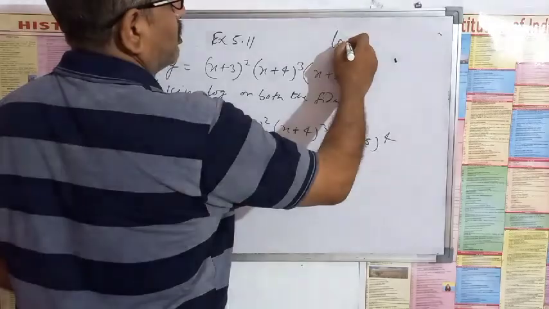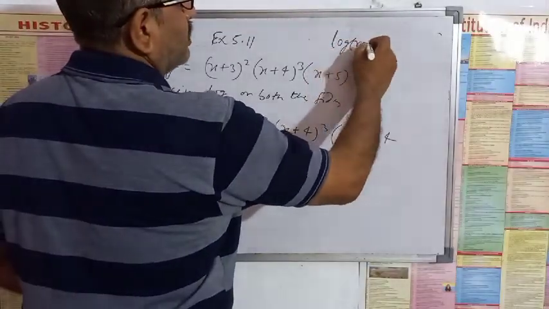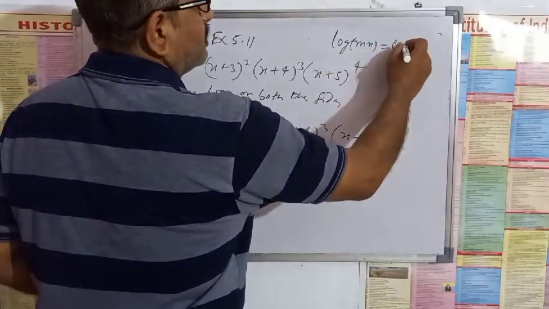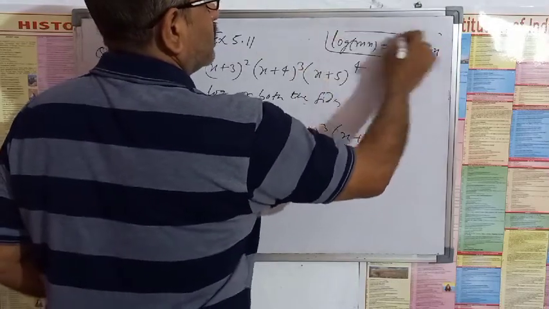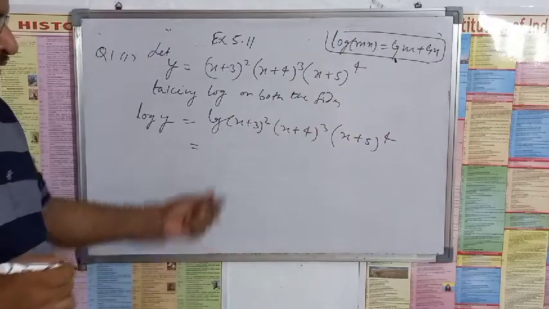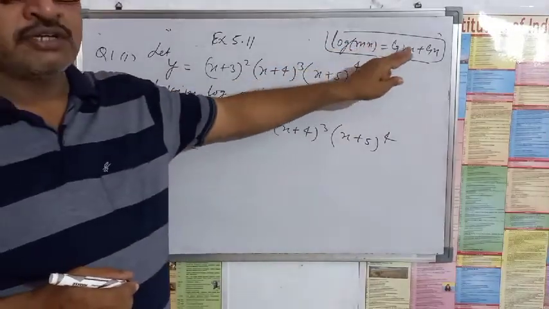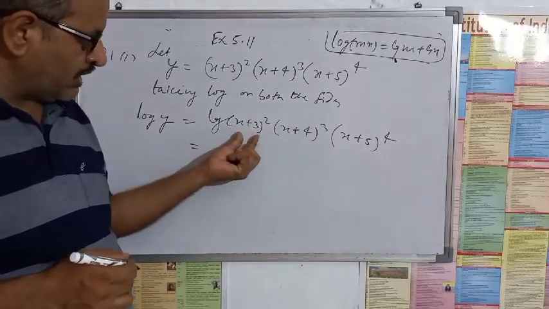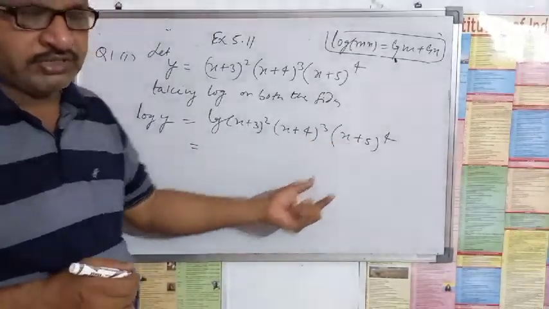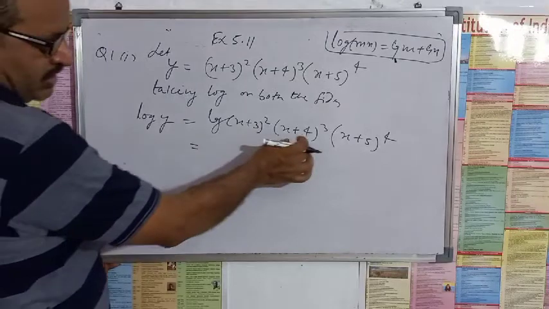We know that log of m into n is equal to log m plus log n. Here three functions are there, so log of m into n into p will be log m plus log n plus log p.